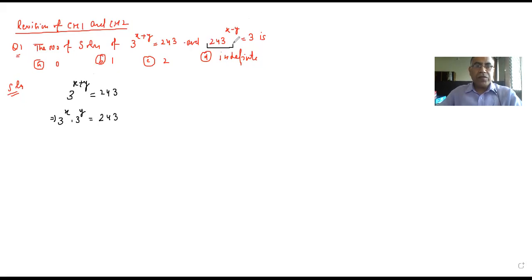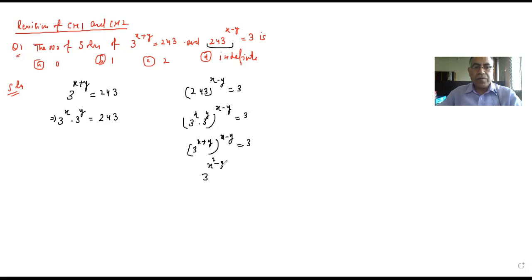Now, in the second equation, I am going to substitute the value of 243, because 243 raised to power x minus y is equal to 3. What it means, 3 raised to power x times 3 raised to power y, raised to x minus y, equal to 3. So 3 raised to power x square minus y square is equal to 3 raised to power 1, which implies x square minus y square is equal to 1.